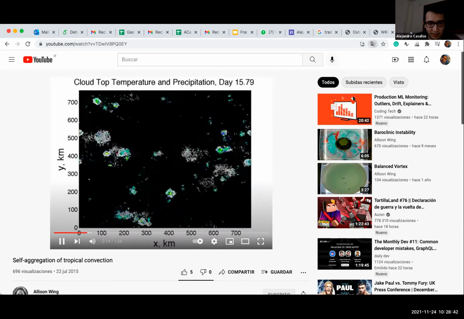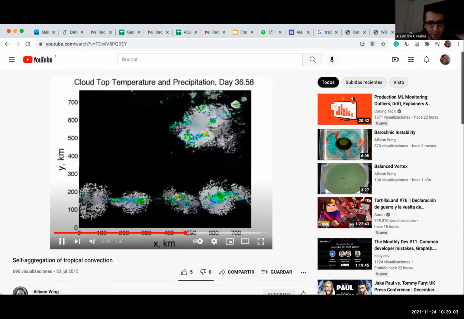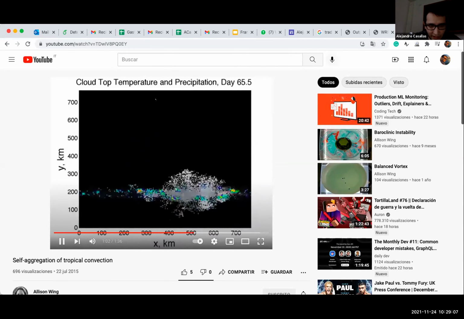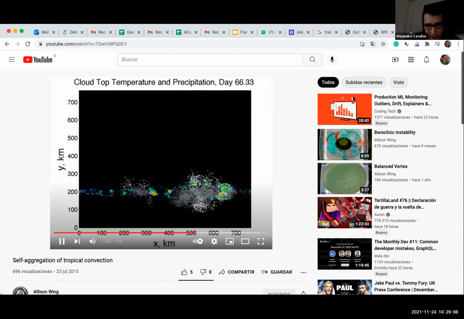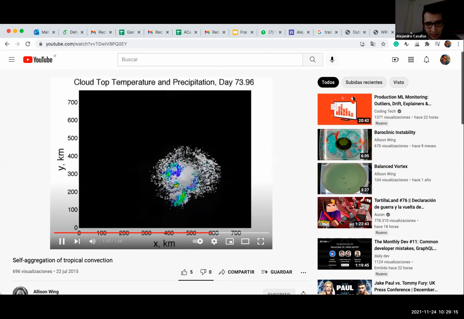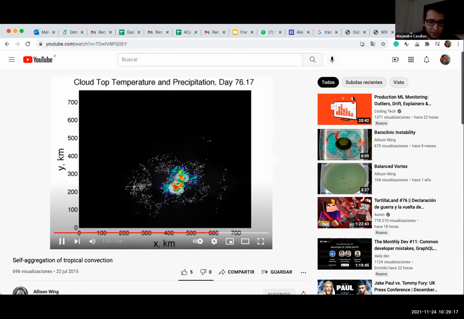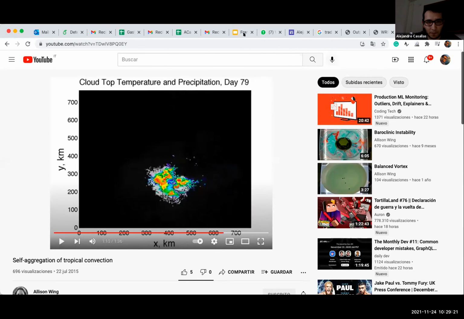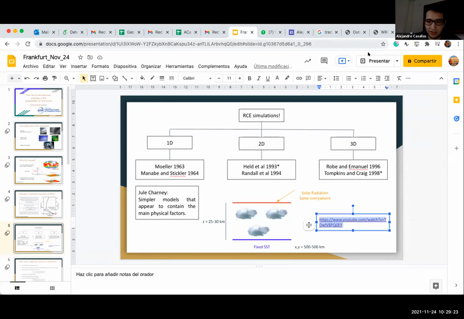And this starts to grow and grow. And if you go a little bit farther, you start to get a line of convection, and here you don't have any convection. All the convection is here. And if you wait a little longer, you end up with a blob of convection like this, like a bubble of convection, so to say. So that's how it works.